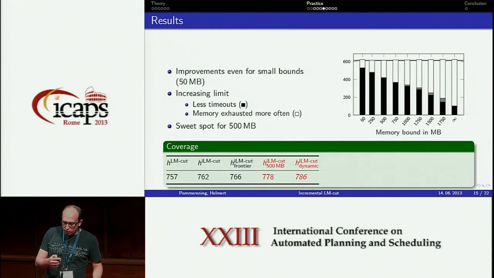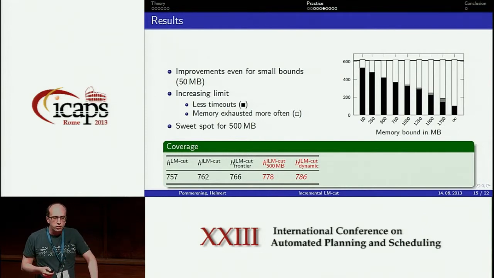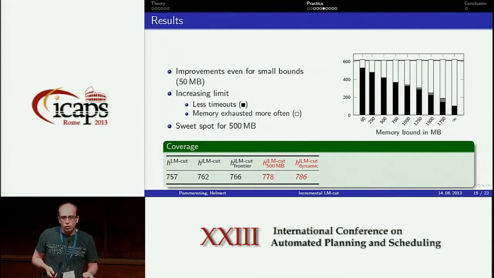And in this graph, you can see the failure reasons for different tasks. And as expected, the timeouts, in black, decrease with an increasing limit, but the memory exhaustion increases. So some tasks that were running out of time before now run out of memory.